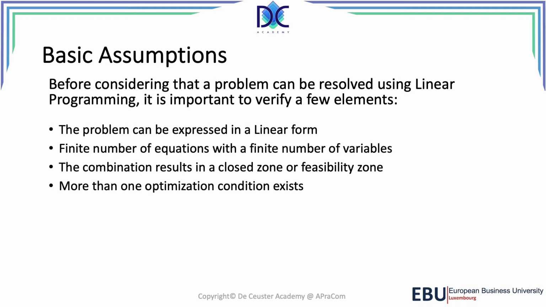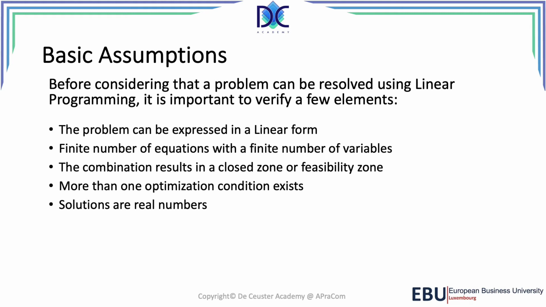There is more than one optimization condition, so we can have more conditions. If there is only one, then it's not really the goal of linear programming, because all possibilities will be possible. We have as a solution real numbers. Now, in certain cases, we will also have integers, but that's a special concept called integer programming.